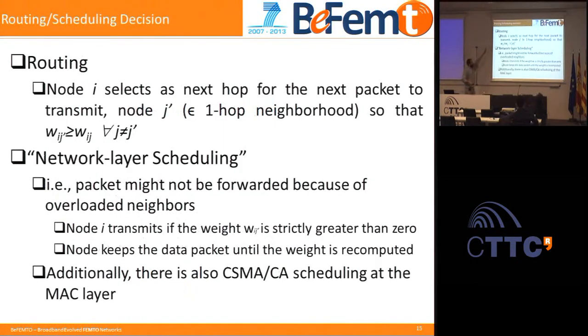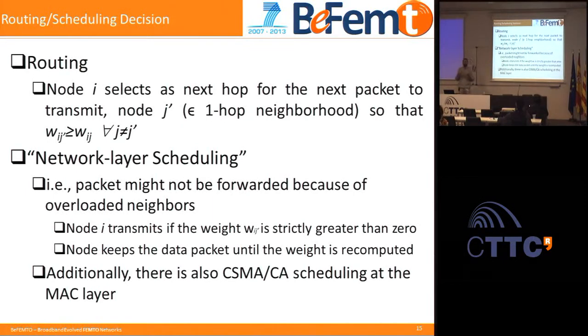So this is the way we take the decisions, as I explained. So we take the higher weight for all the links, but only calculate based on local information. And the other nice thing about this protocol, particularly for an all-wireless network of femtocells, is that we do sort of network layer scheduling, meaning that unless the weight is greater than 0, we don't transmit a packet.